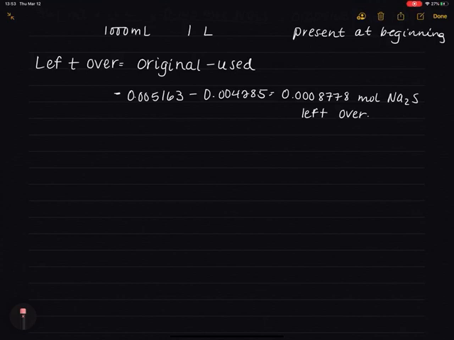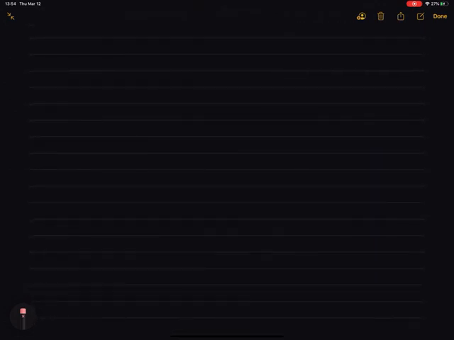Questions about our stoichiometry variations? In problems like this, will we be given the chemical reaction, the formula?